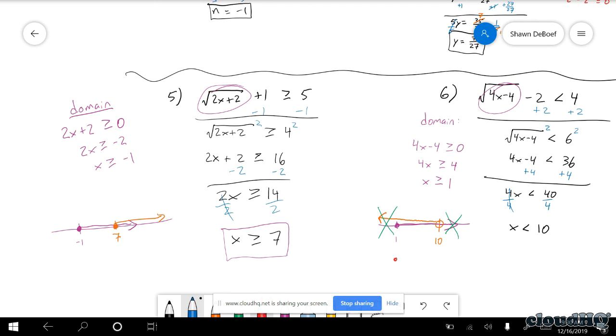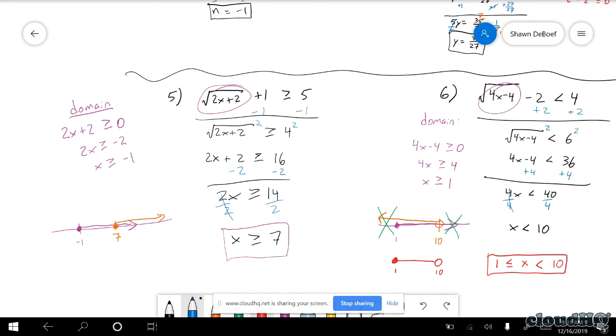So we had a closed interval at 1, an open interval at 10, and everything in between was our answer. Since it's in between, that's an and. The way we write that: 1, closed interval, so less than or equal to x, less than, not equal to, 10.